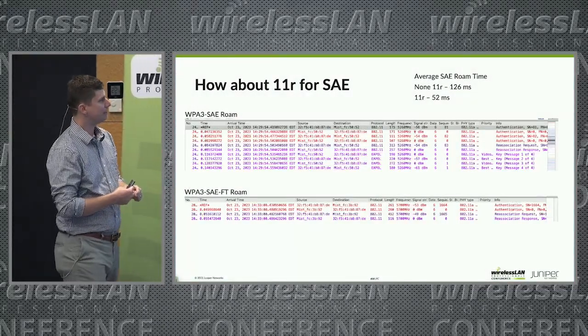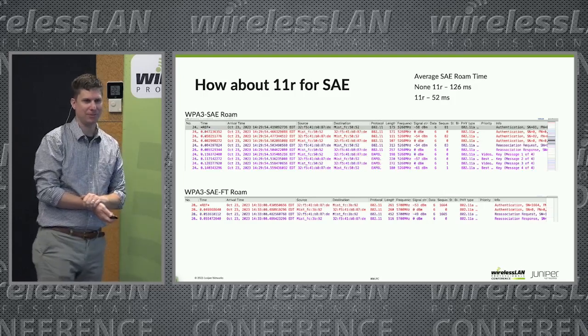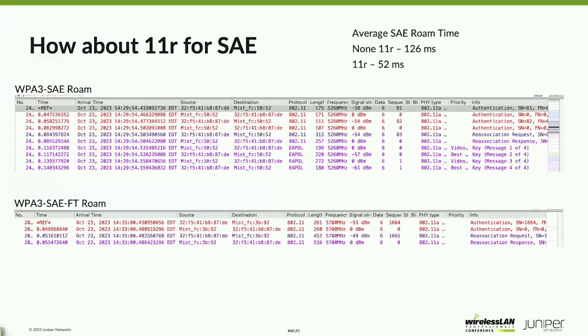So the answer is yeah, there's some difference. With a WPA3 SAE roam, you have to do the commit and confirm, and then you do your 4-way handshake. So there's 8 to 10 frames here versus 4 frames for an FT roam.